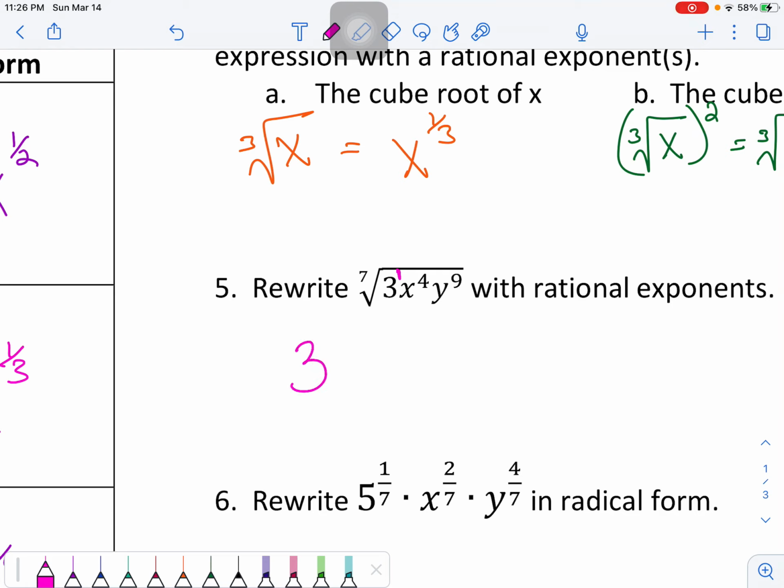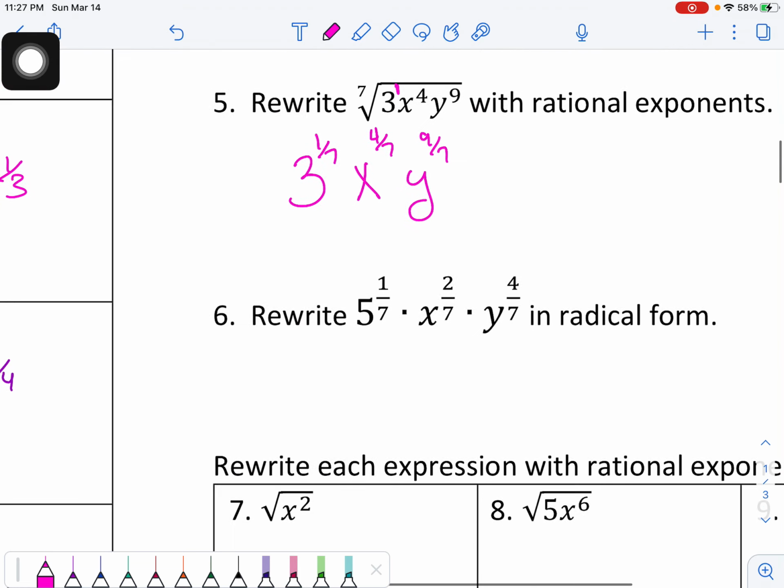So if we're going to rewrite this, this would become 3 to the 1/7, x to the 4/7, y to the 9/7. Each part here, the 3, the x, and the y, each get their own fractional exponent. And each one of them has a denominator of 7 because they're all dealing with the 7th root.